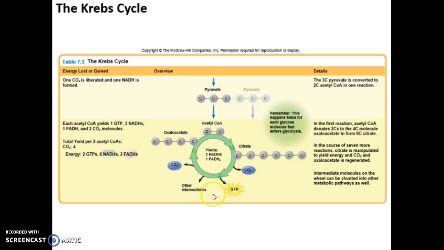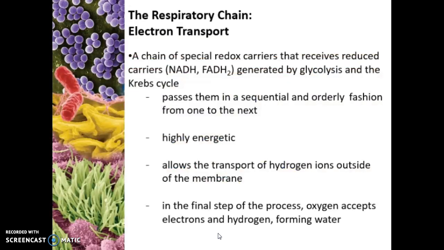The real purpose of this acetyl-CoA is the generation of 3 NADH molecules and FADH2. The byproduct is CO2, which cells are going to get rid of, but the important thing is these carrier molecules that carry the electrons over to the electron transport chain.